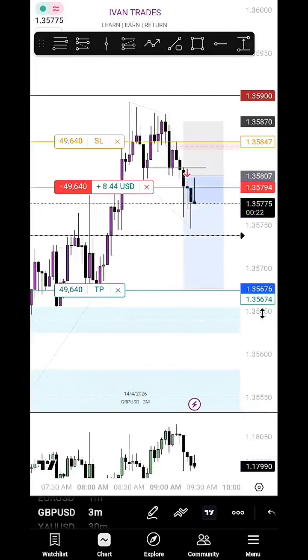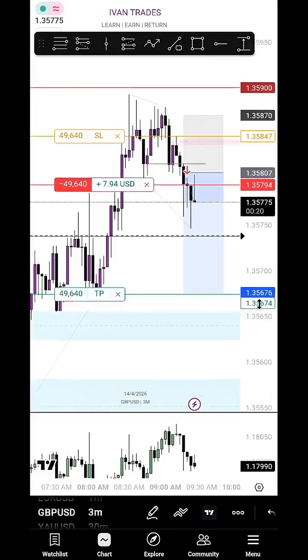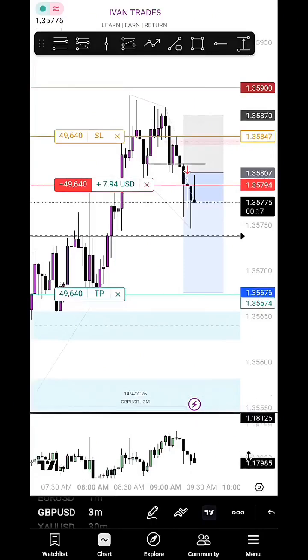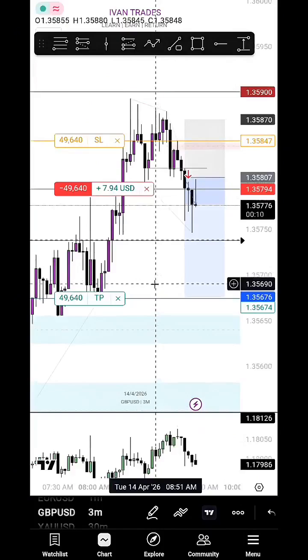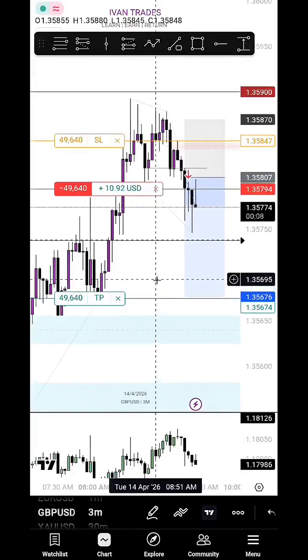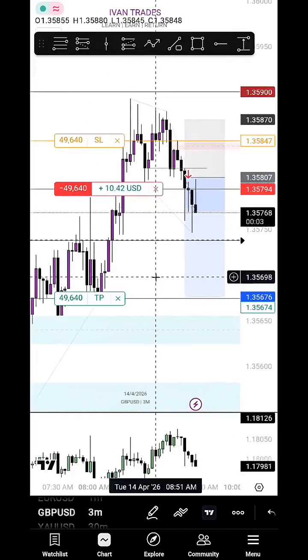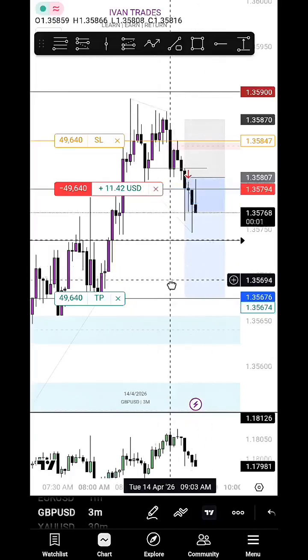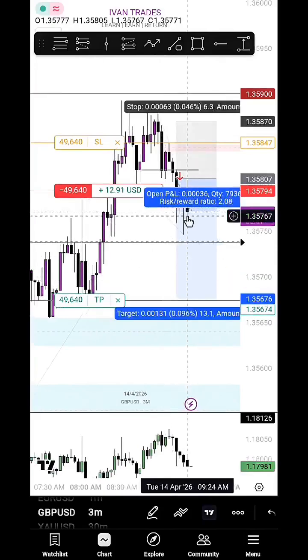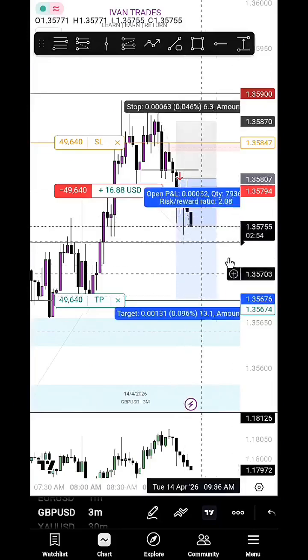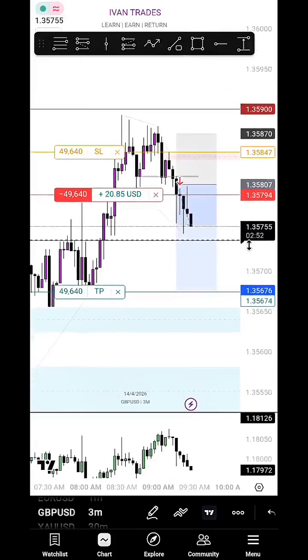I'm not used to doing it because most of the time my win rate does not allow me the luxury to just open more trades or manage two positions at the same time. That is why I'm all in and all out when I'm managing my trades.